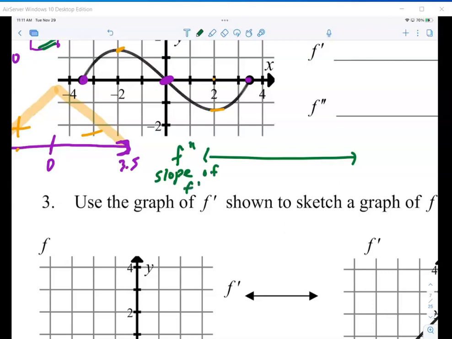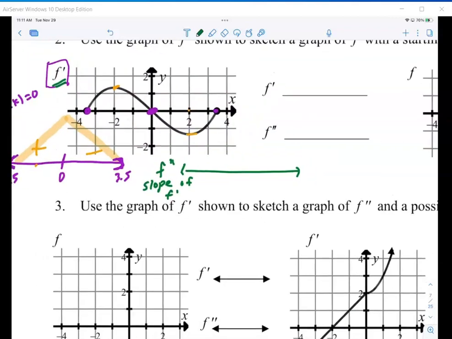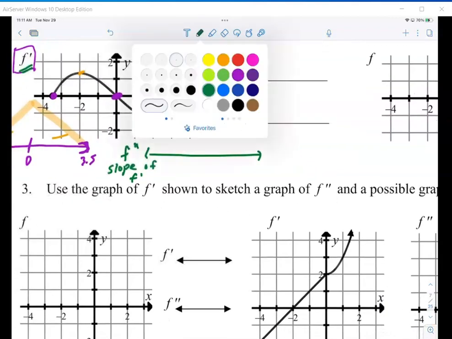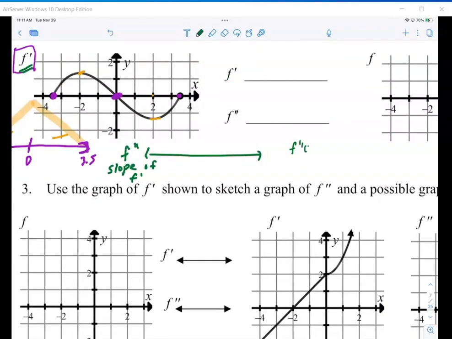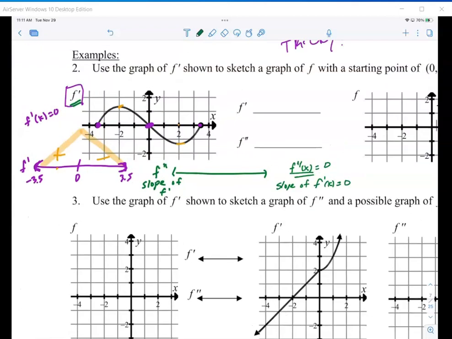So the numbers on my sine line graph are going to be where the second derivative equals 0. Another way to say that is the slope of the first derivative equals 0. So can we look over here and see where the slope is 0? How about right there and right there? That has a 0 slope at -2, and it has a 0 slope at +2.